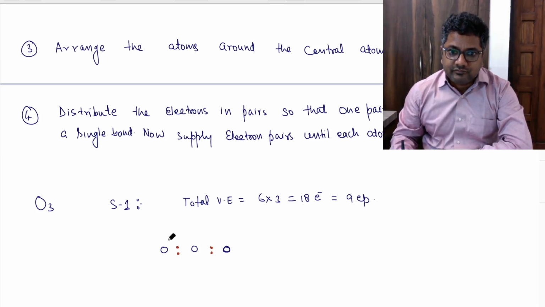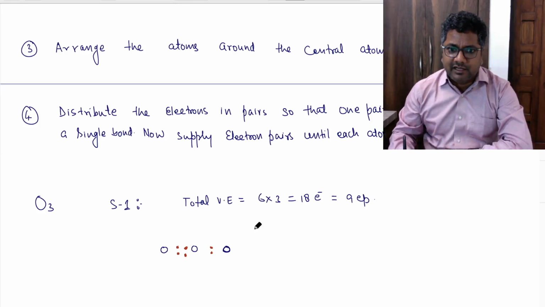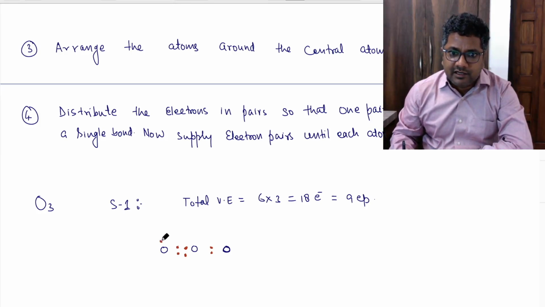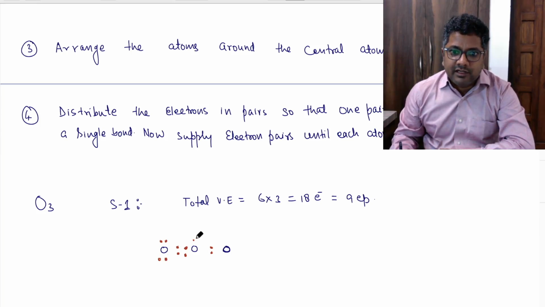So see, I am supplying one more electron pair here, right? And you can make different permutation combinations, but I am taking here this and here this. Now count the number of electrons in this oxygen: 2, 4, 6, 8. So oxygen complete. Now one electron pair here also I have distributed.